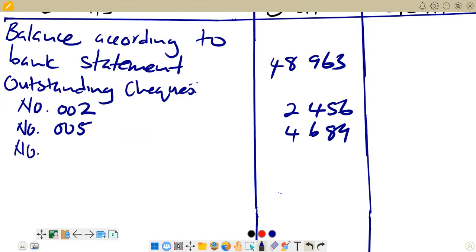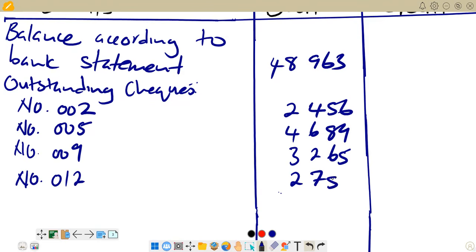Then the figure that we have there is 3,265. And then after that, now we have a check number 012, which is 2,750. So these are the checks that we have, and they should be on the debit side.